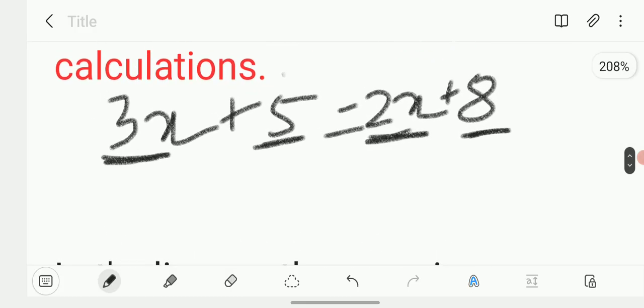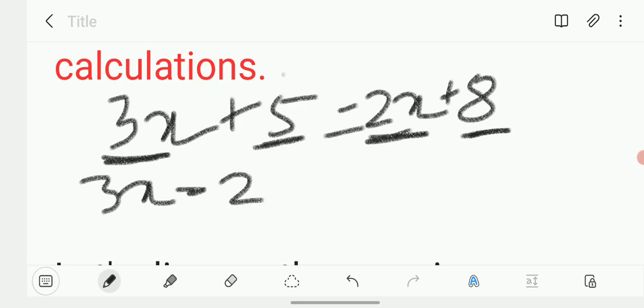I will keep 3x on one side, and I need to take the 2x from the right hand side, so I have to transpose 2x. If you transpose any term, you need to change the sign. If it is plus, it becomes minus. If it is minus, it becomes plus. Here it is plus, so I need to take a minus sign as I am transposing 2x.